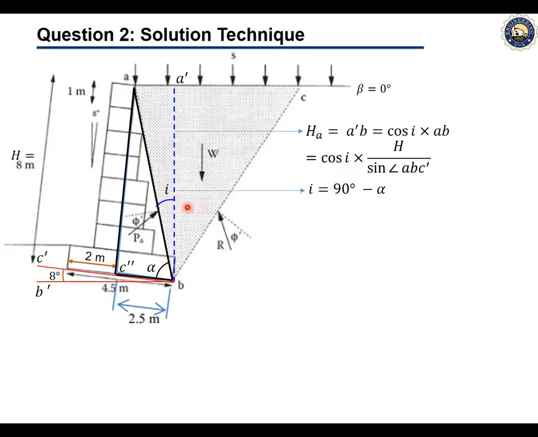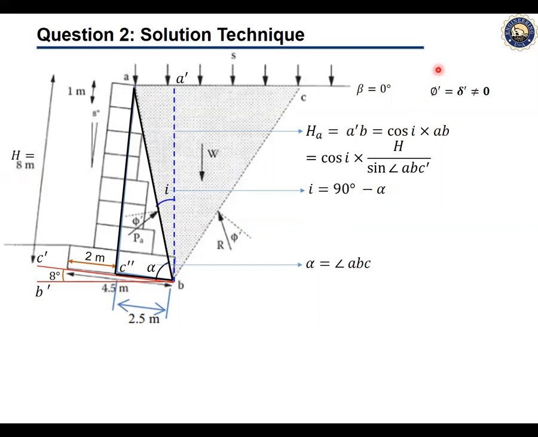This I can be determined from 90 degrees minus alpha. And we can easily determine this alpha from the triangle ABC double prime, where we know the base BC double prime equals 2.5 and AC double prime equals the height of the gabion, 8 meters.